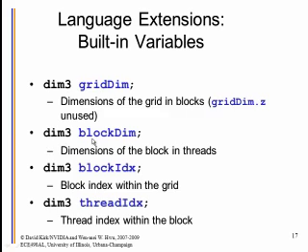For the block dimension, we can use three dimensions: X, Y, and Z. The block index is used for the particular thread's block ID, and the thread index is used for the particular thread's ID.